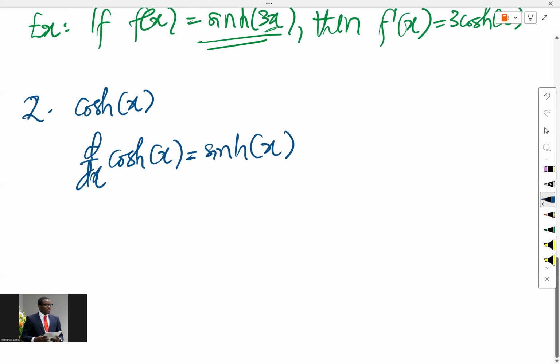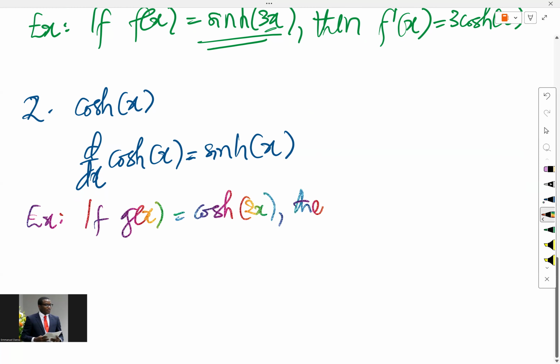So that's sinh x. If g of x is equal to cosh 2x, then g prime of x would be 2 sinh 2x.